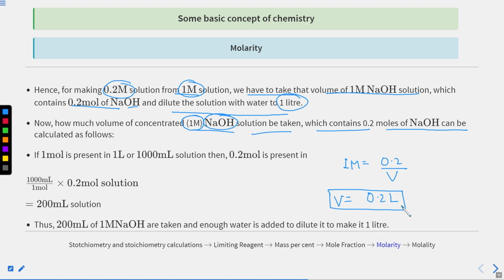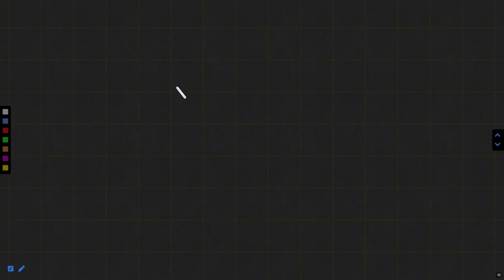Now what we have to do actually is to make a 0.2 molar solution. Now we know that 0.2 liter of 1 molar NaOH contains 0.2 moles of NaOH.